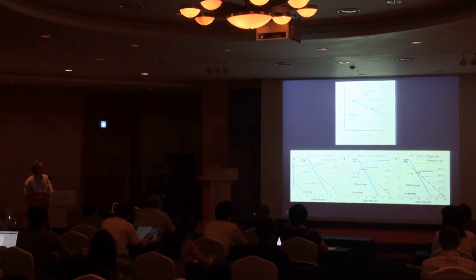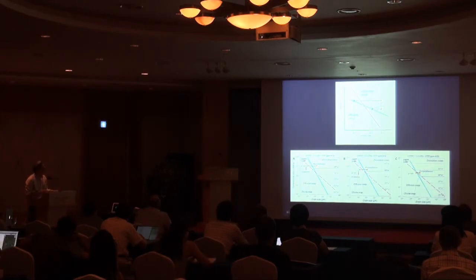Okay, and this is a diagram to explain what conditions weakening could occur under. Essentially, weakening occurs in our interpretation when the grain size of the material is reduced enough, from large to small. If the grain size is small enough, you go into the diffusion creep regime, where strength is grain size sensitive.